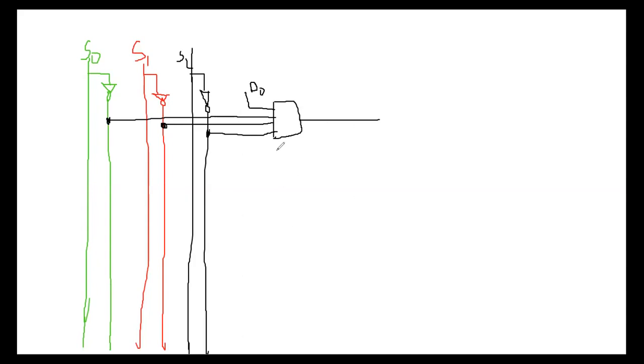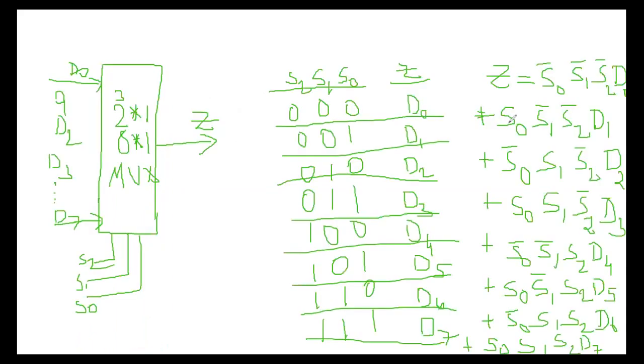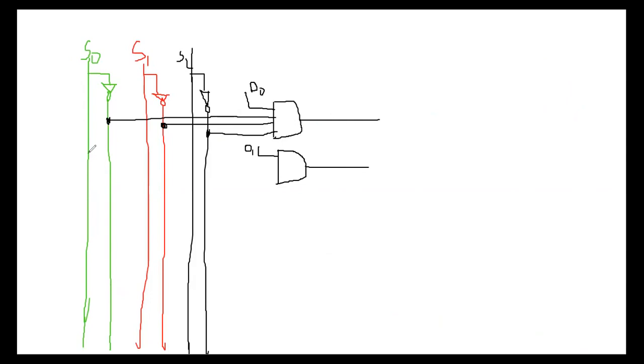The second AND gate. The second AND gate, the output. One of the inputs is a D1. So see what is the second equation: S0, S1 bar and S2 bar. So the two are complement value, S0 is uncomplement value. Let us see, S0 is uncomplement value.